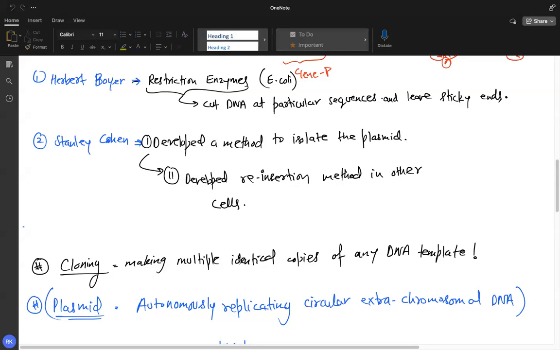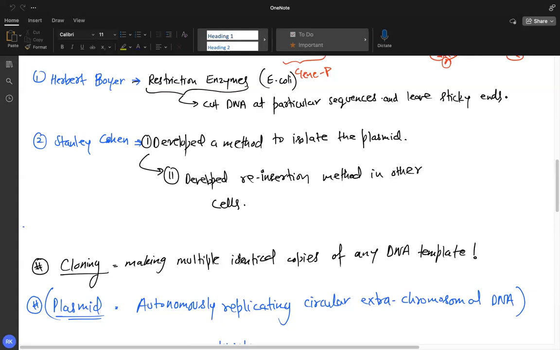So this whole thing was done to develop this biotechnological process where we could harvest plasmids from one bacteria without harvesting the genome, because we don't need that. We just need small circular plasmids.